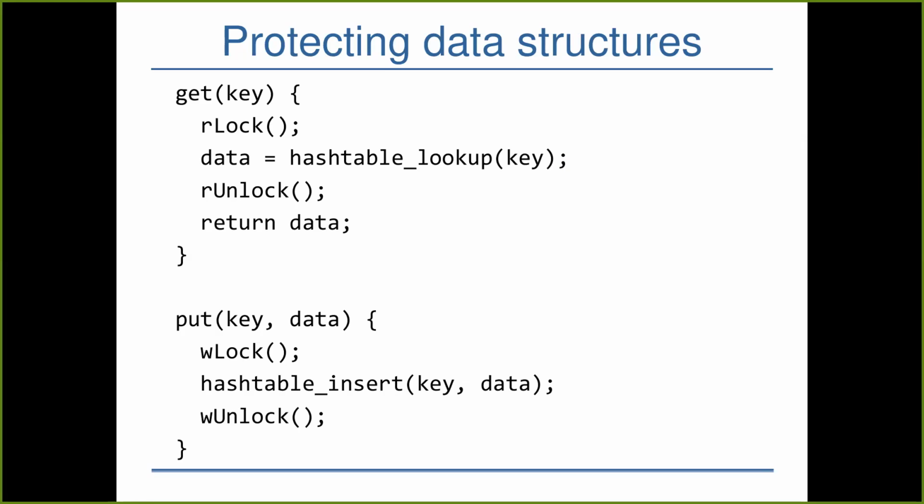Remember that just because you have rlock for one reader, that doesn't prevent a second reader from getting rlock also. The second reader will not be blocked in rlock, so they will simultaneously perform the hash table lookup.